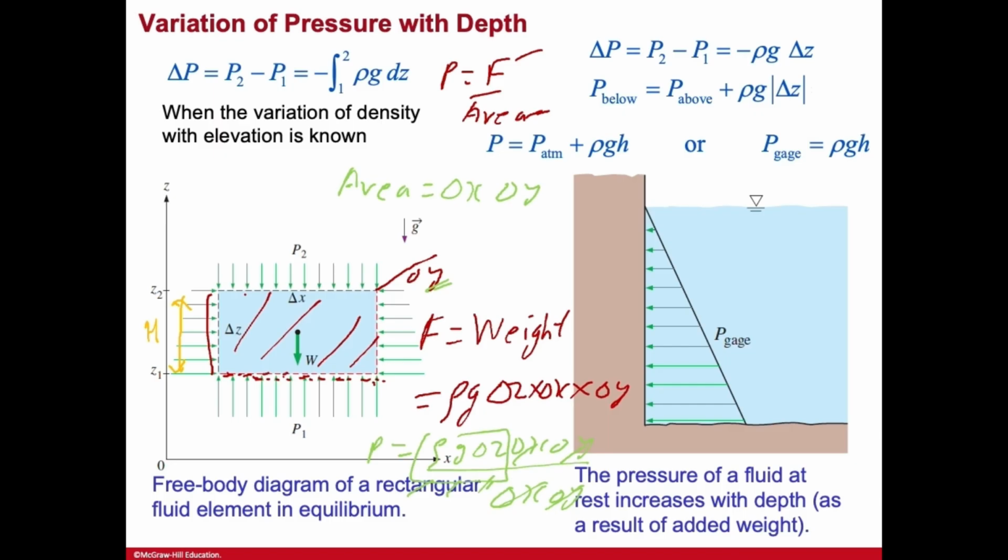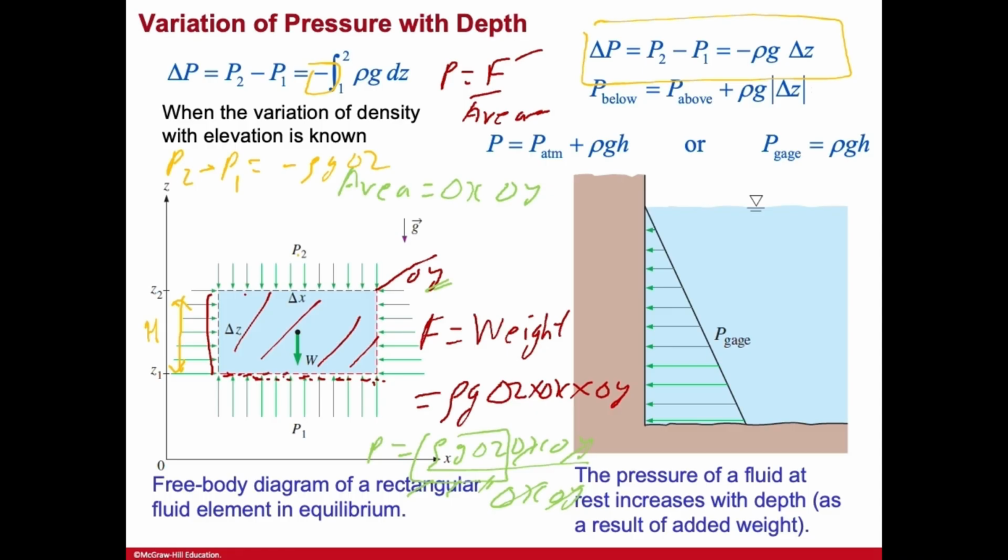Now you see the way they have written it for P2 minus P1, there is a minus sign to account for the weight acting in the vertical direction, right? So just be mindful when they say P2 minus P1 is equal to minus rho g delta z. So that is what this accounts for, right?